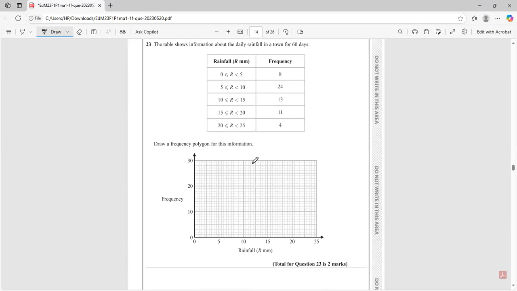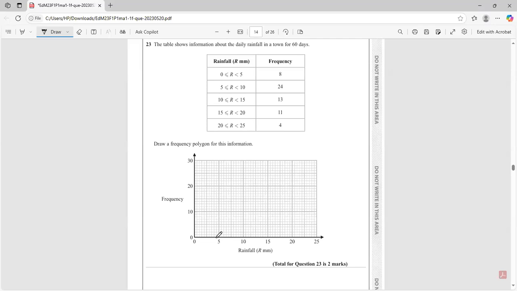Now, frequency polygons will use the midpoints. 0 plus 5 is 5, 5 divided by 2 is 2.5. So I have 0, 1, 2, 3, 4, and 5. I'm just trying to gauge the scale.